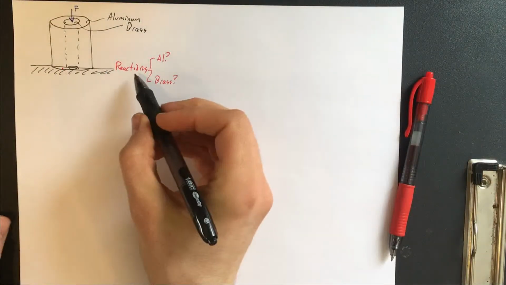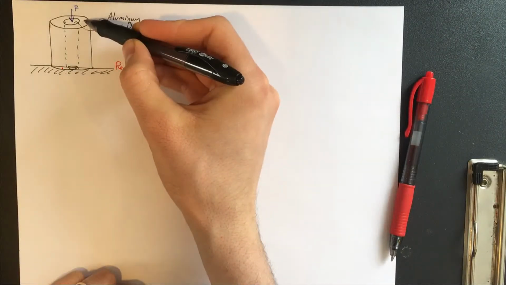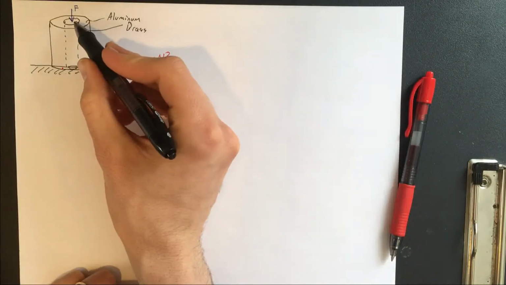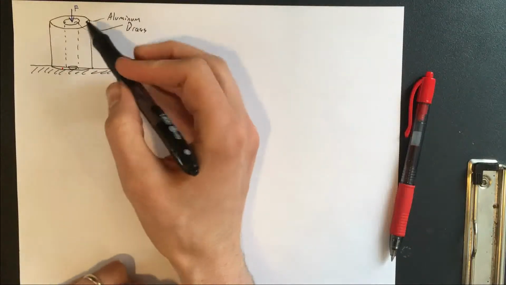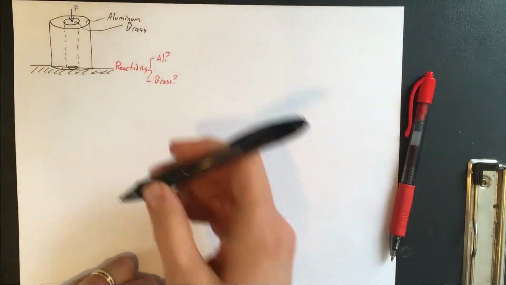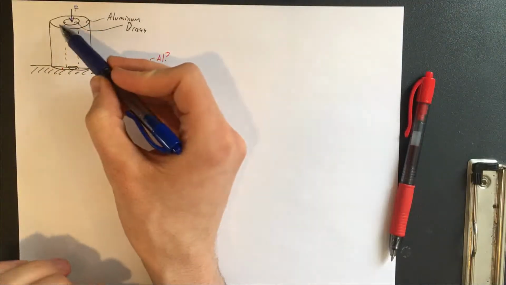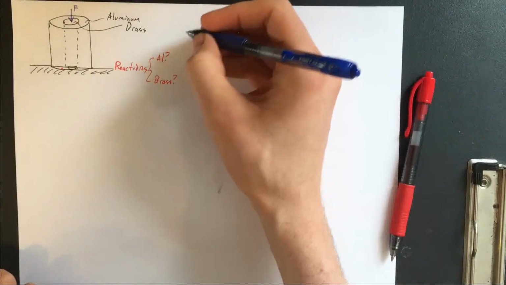So what will be important for determining how much of this load is borne by the aluminum on the outside and how much is borne by the brass on the inside? It turns out that the fraction of the load that each section bears depends on a couple of things.